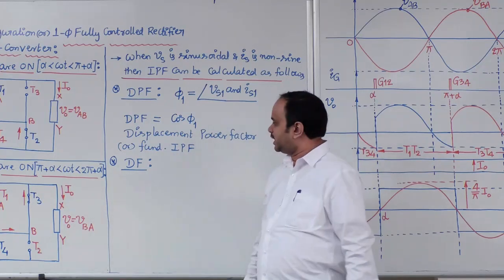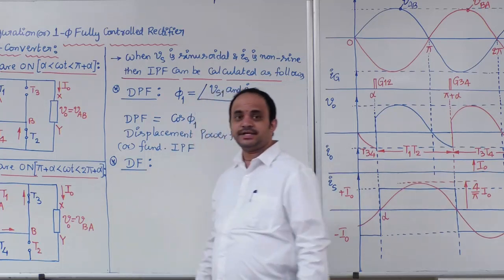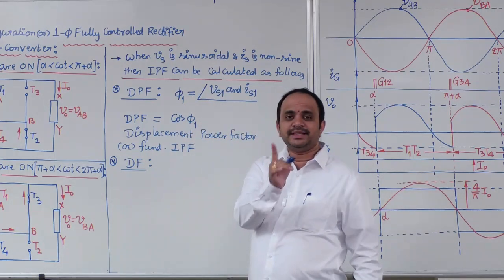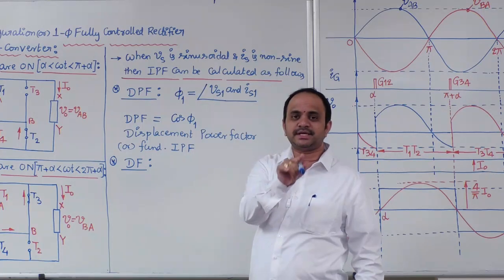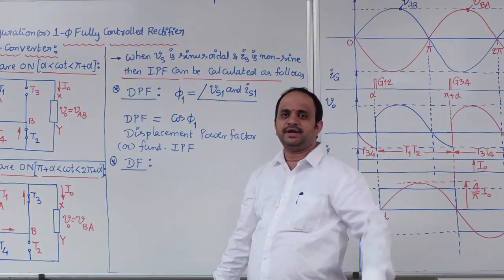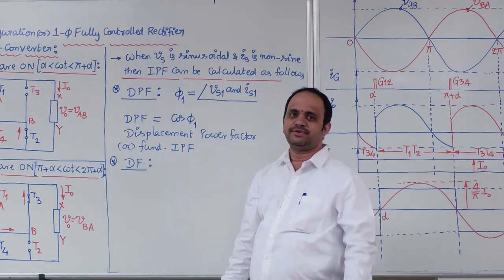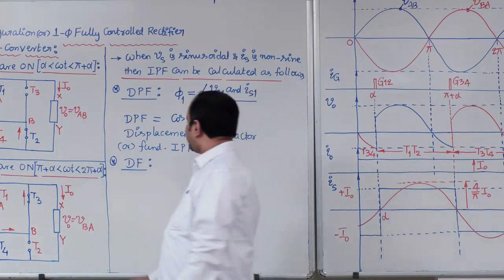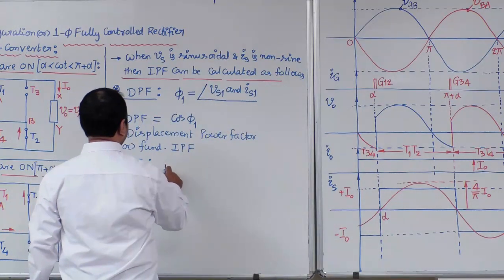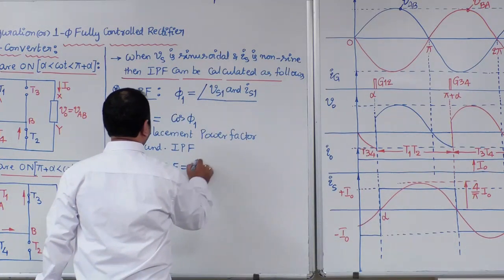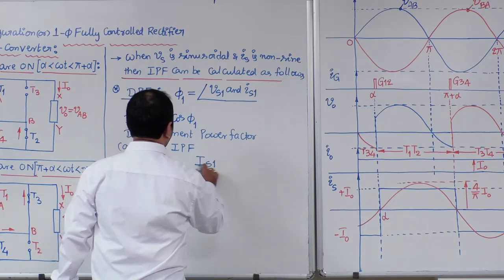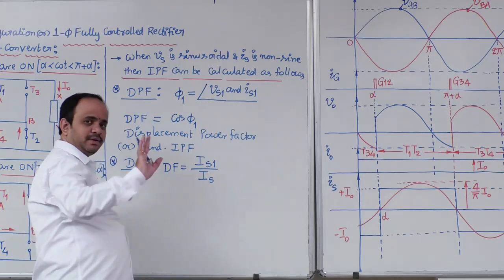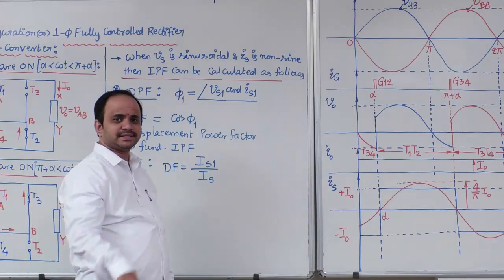So this distortion factor is to be defined at the AC side, but source voltage is sinusoidal, so we need not define distortion factor for the voltage waveform. You have to define it only for the source current waveform. What is the definition for this particular function? DF is equal to Is1 divided by Is. In our earlier definition, I told X1 by XR, right?